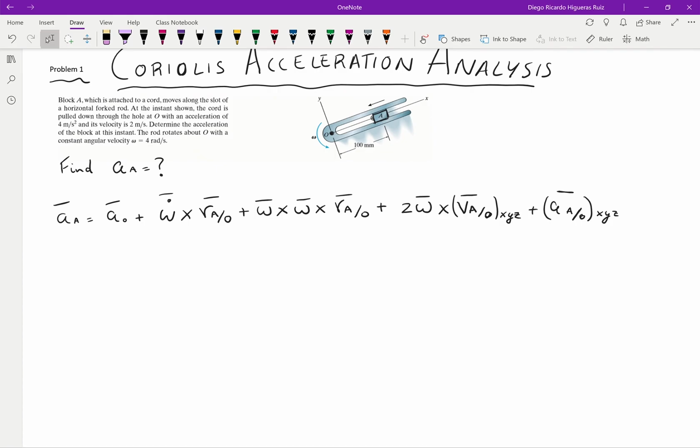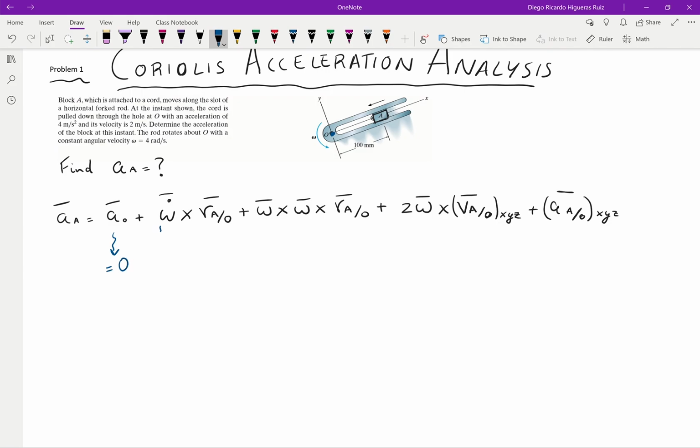Let's see what every single term of this equation is and analyze that. So this acceleration right here is the acceleration of point O, but point O is not translating at all, it's just rotating. So that acceleration is gonna be equal to 0.